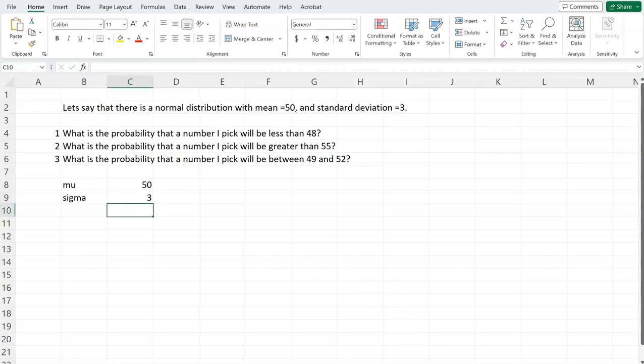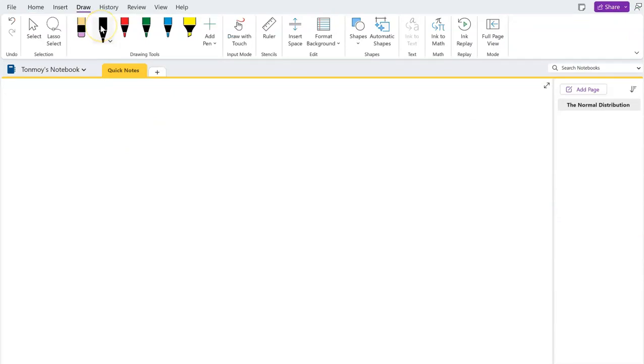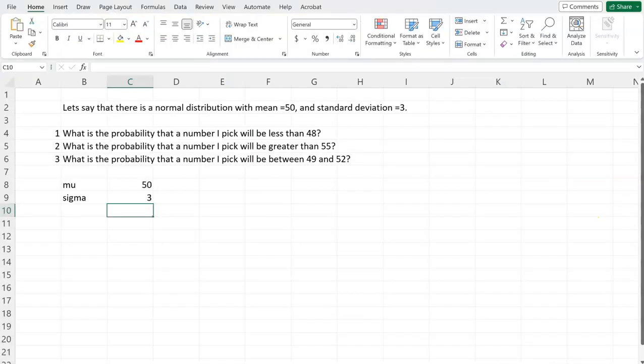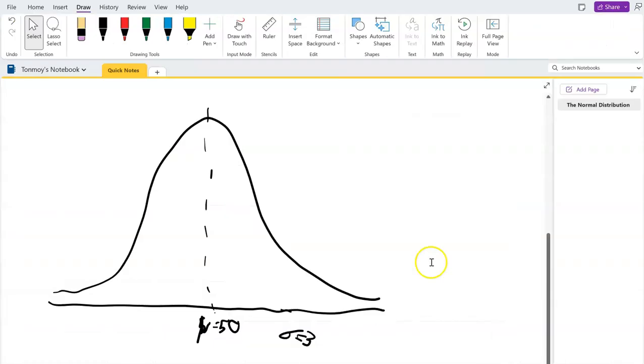So if I graphically draw this, I have a normal distribution with a mean of 50 and a standard deviation of 3. Now the first question is asking us, what is the probability that I pick a random number? This is all the numbers that we have in that distribution. If I randomly pick a number from this distribution, what is the probability it will be less than 48?